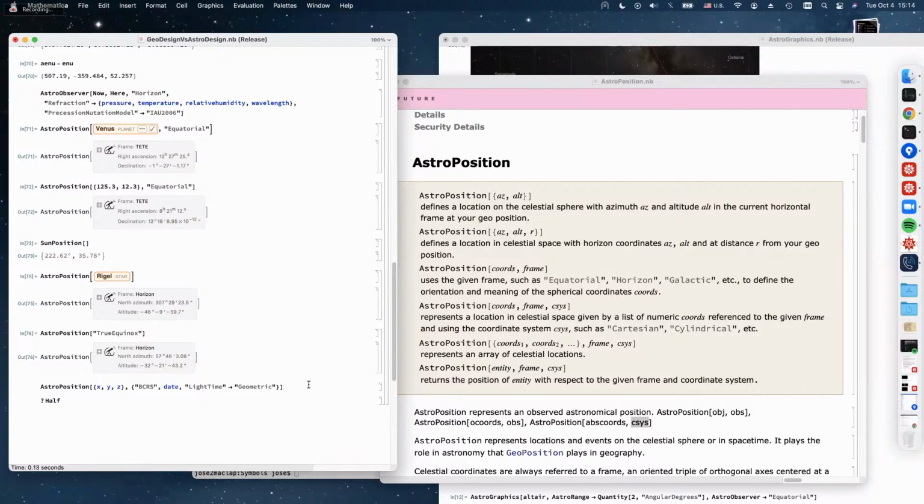No, I understand. But the issue is, I think it's important: this statement represents an observed astronomical position. I think that's a useful statement to make it much less confusing. Yes, it doesn't affect the design. It's just explaining what the heck is going on. Well, it depends on the value of this option.